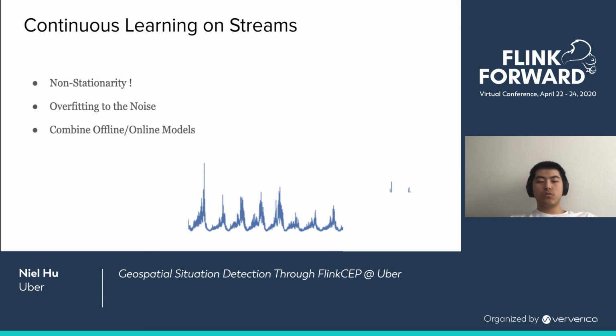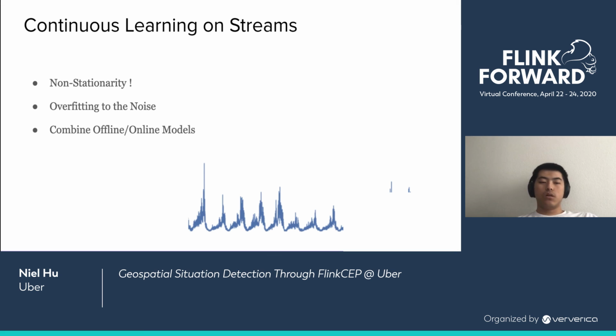Usually those models are trained with offline historical data in a periodic fashion. However, as we all know, traffic patterns demonstrate obvious trends, and many of our data inputs have the nature of non-stationarity. So our offline models do not perform well on those data.